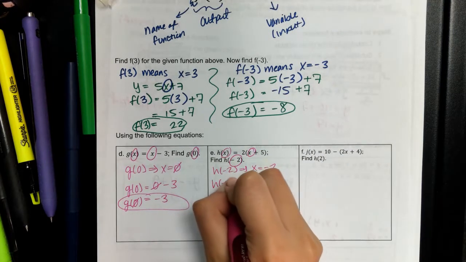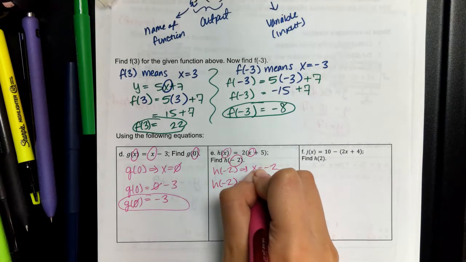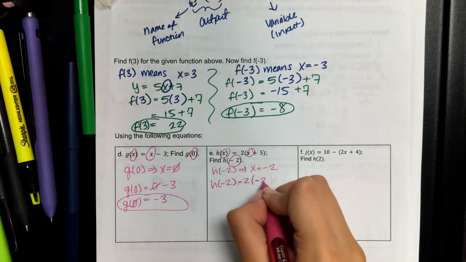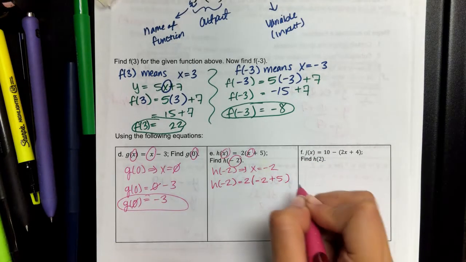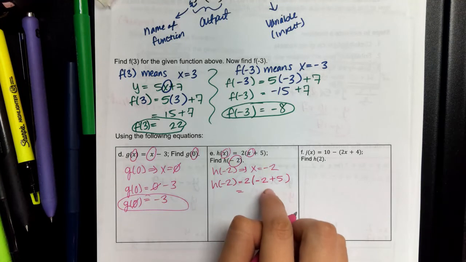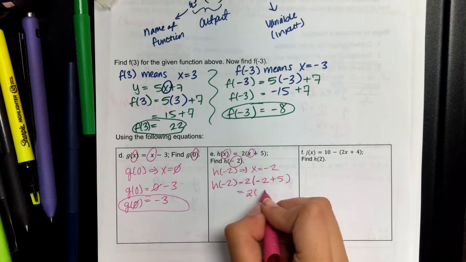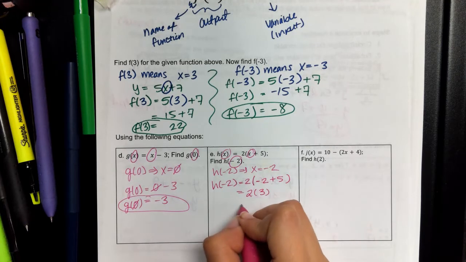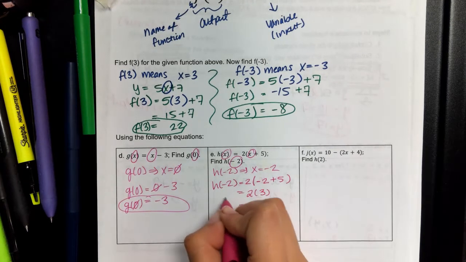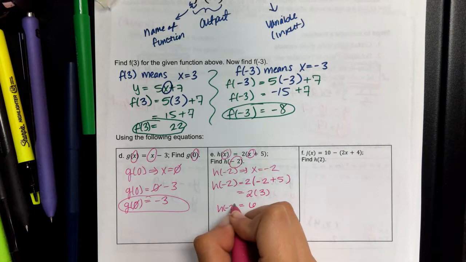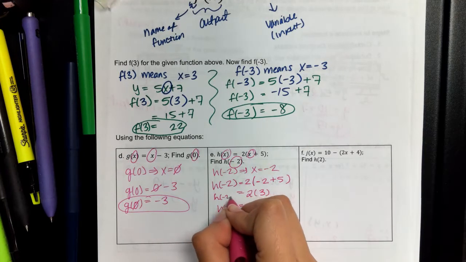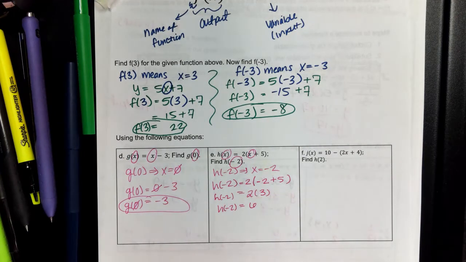So h of negative 2 equals 2 times negative 2 plus 5. PEMDAS tells us do parentheses first. So negative 2 plus 5 is 3. 2 times 3 is 6. So h of negative 2 is 6.